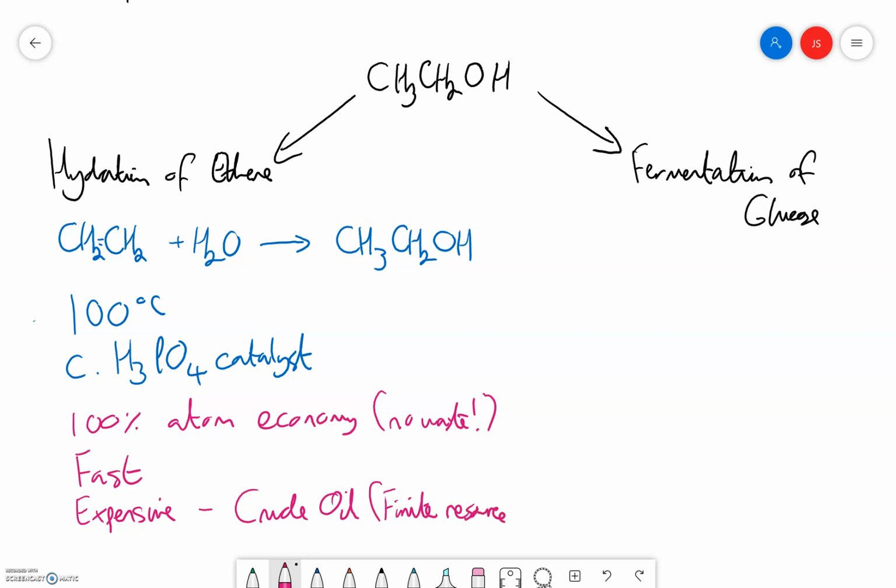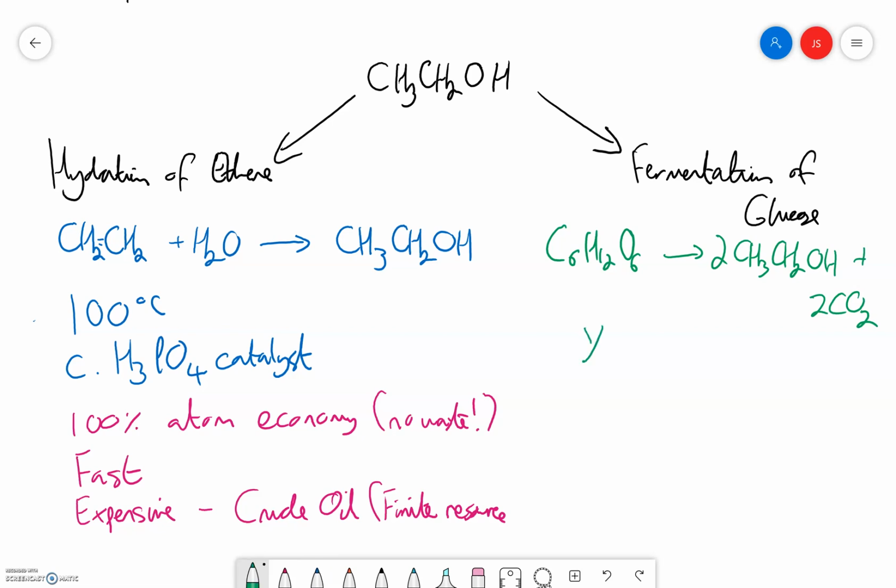Okay. If we look at the fermentation of glucose, it becomes 2 lots of ethanol and carbon dioxide. Conditions for this: you need yeast enzymes for your catalyst. They are biological catalysts, so they'll work best at a temperature between 30 and 40 degrees Celsius.